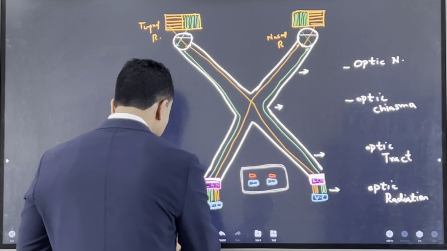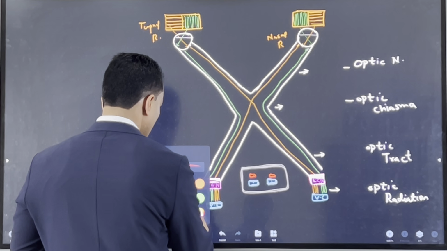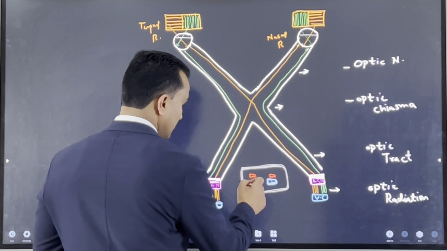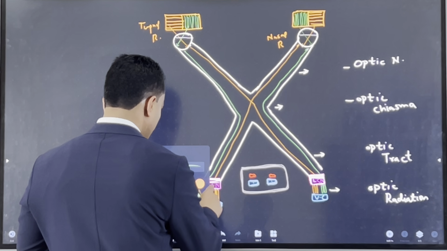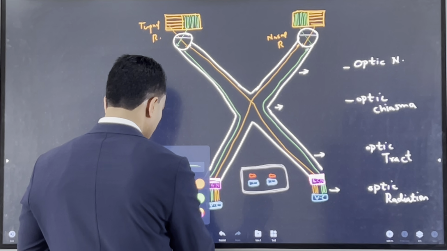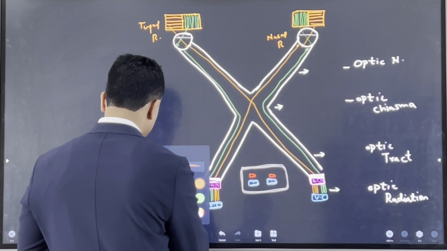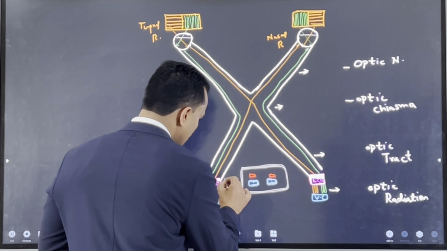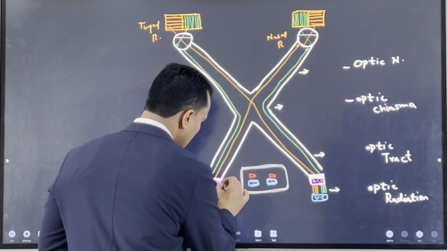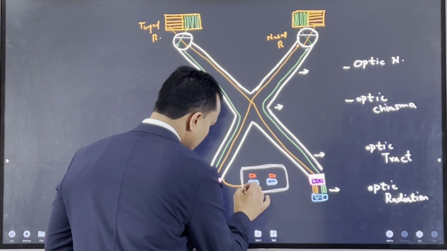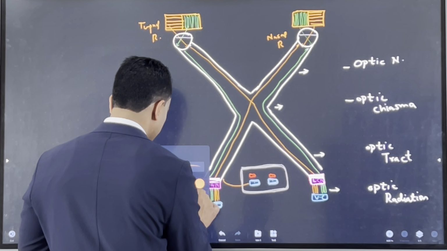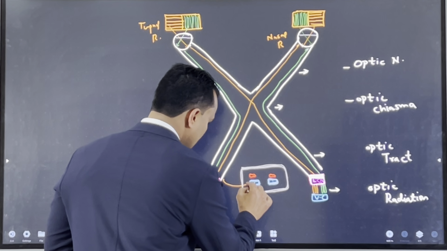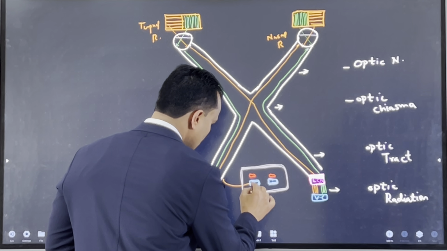Edinger-Westphal nucleus. So you should understand here that some light fibers from the optic tract, before synapsing with the lateral geniculate nucleus, will enter the midbrain, and they will synapse with the pretectal nucleus.